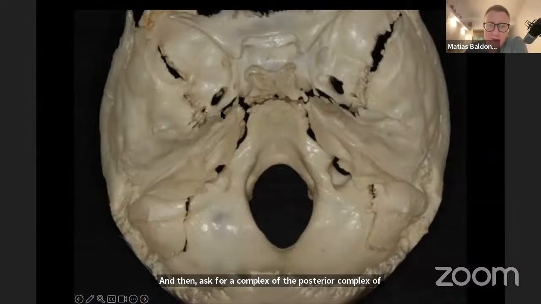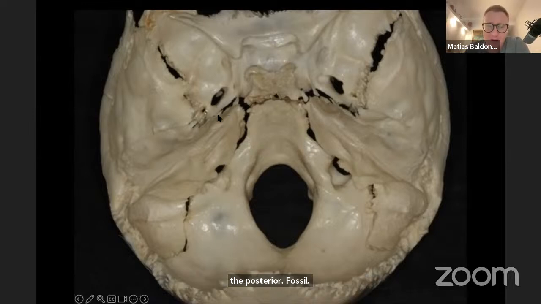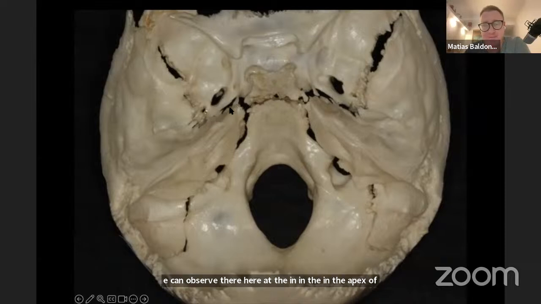This is a superior view of a skull base, where we can observe here the apex of the petrous bone, where the cavum of Meckel is located.